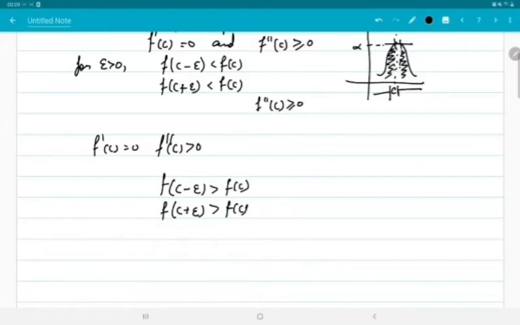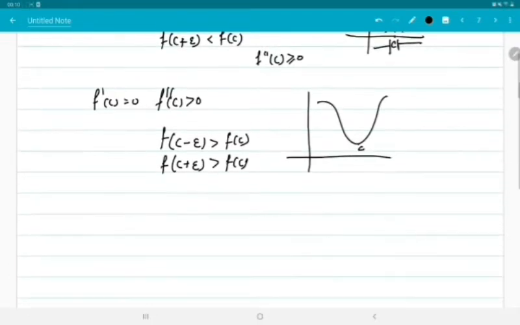Now this epsilon can be any value, because c is a minima of this function. So epsilon can be any value on both sides.